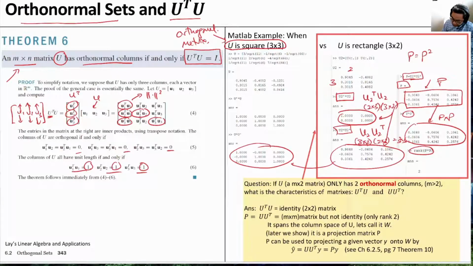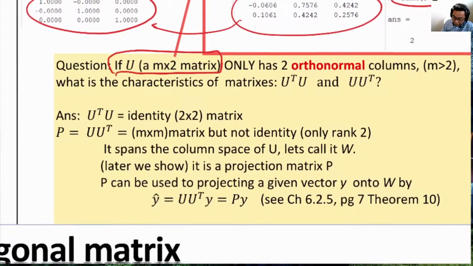So in summary, if I have a matrix U whose number of rows is m and number of columns is 2, for example, and let's say these two columns of U are orthonormal. Then we want to ask the generic question, what are the characteristics of the matrices U transpose U and U U transpose?